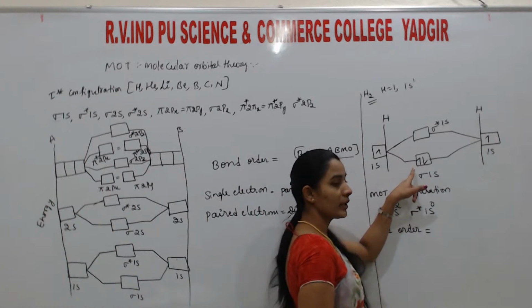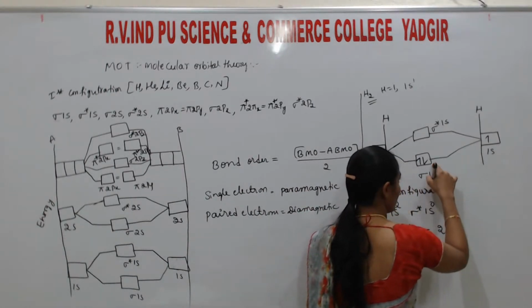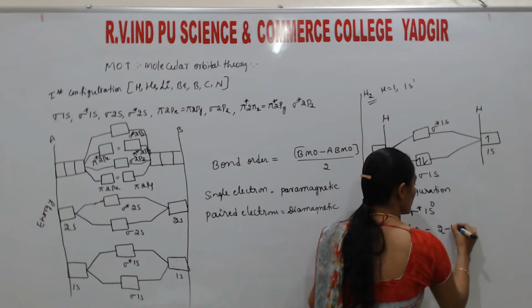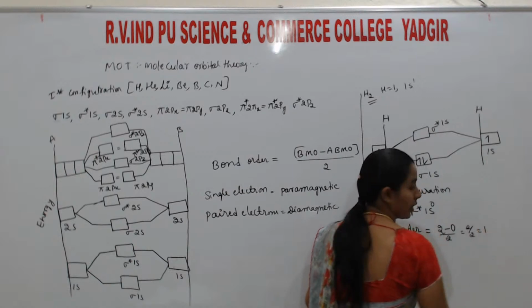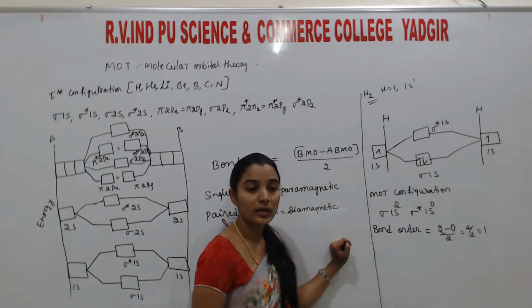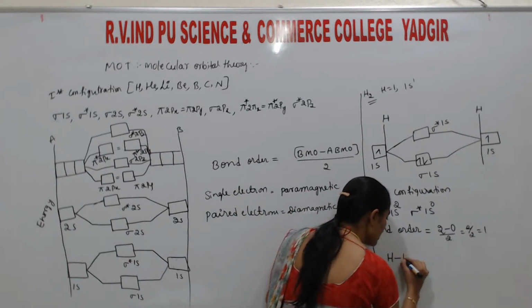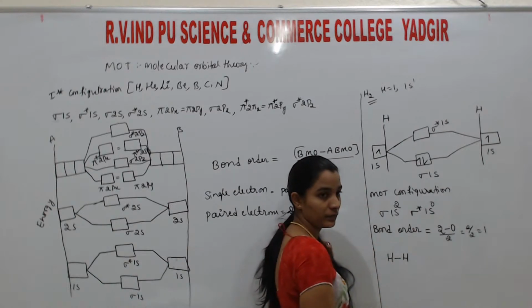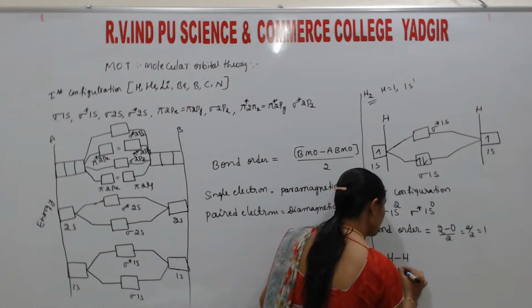In bonding molecular orbital, how many electrons are there? 2. In anti-bonding, how many? 0. Divided by 2. 2 by 2 means 1. So bond order is equal to 1 here, meaning the molecule here is hydrogen with a single bond. So next one is magnetic property.